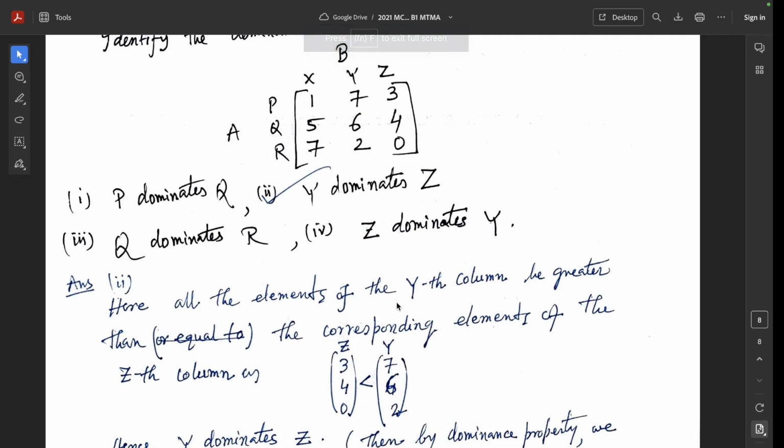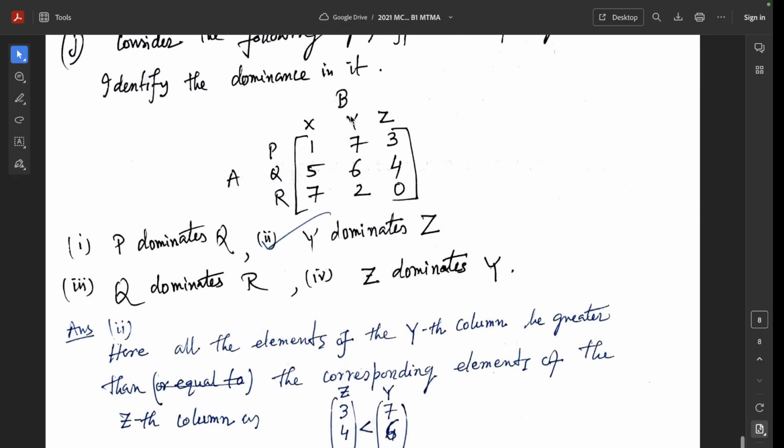here all elements of the Y column, that is the second column, 7, 6 and 2, are greater than or equal to the corresponding elements of the Z column, that is the third column. So 7 is greater than 3, 6 is greater than 4, 2 is greater than 0.